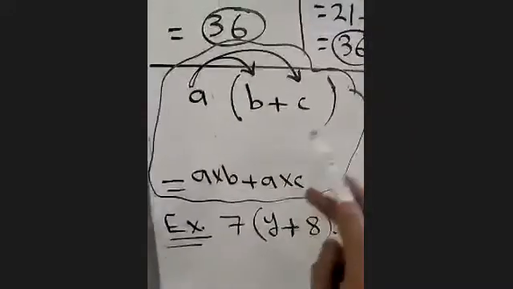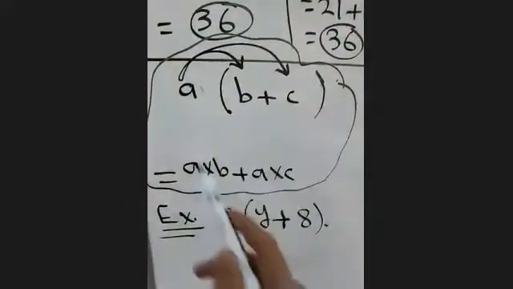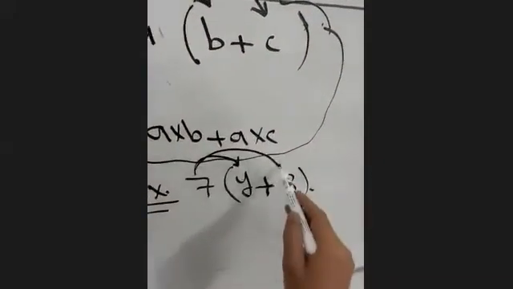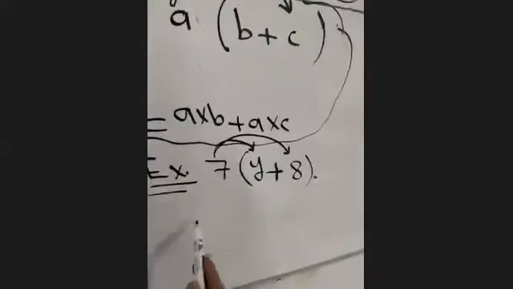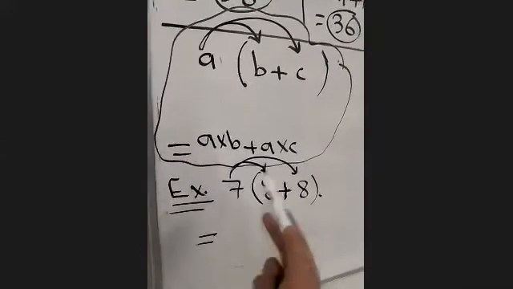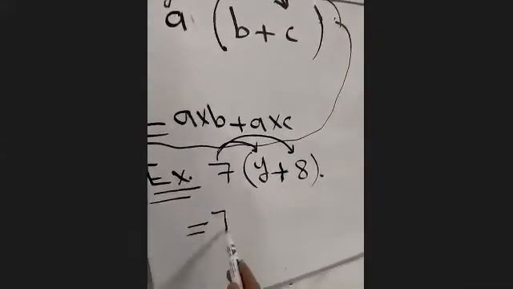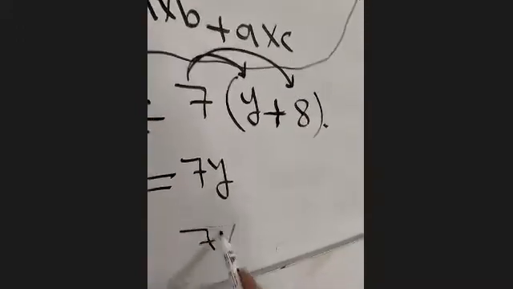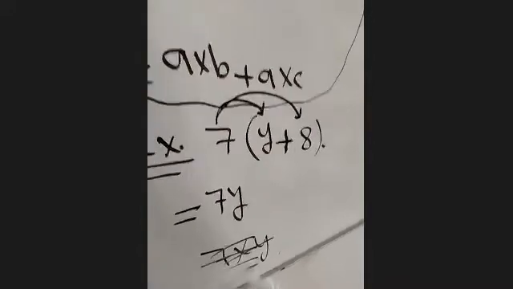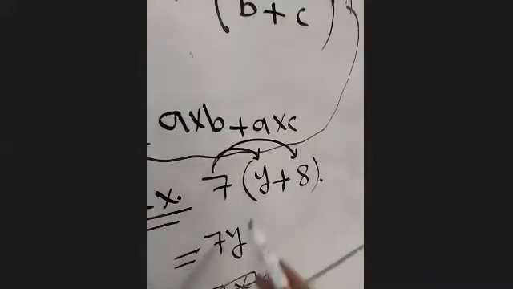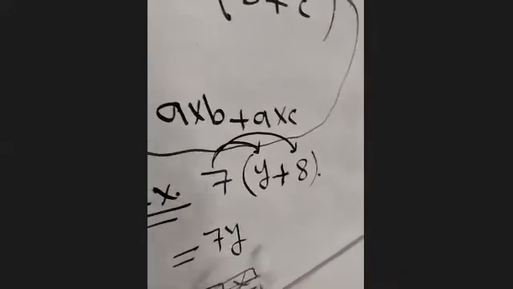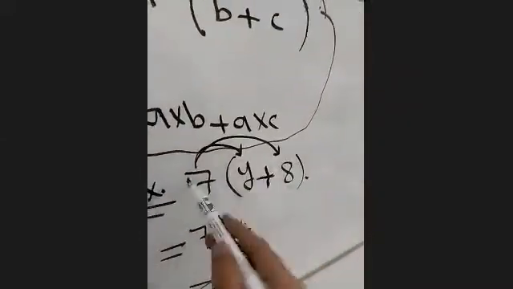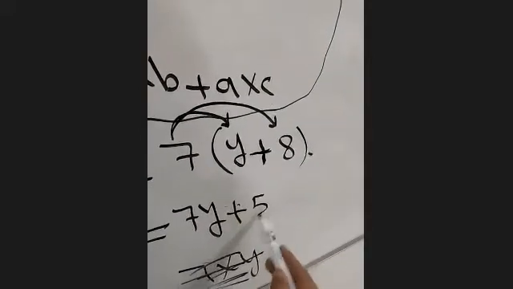In this case, I need to apply the distributive property only. 7 multiply y plus 7 multiply 8, which is equal to 7 multiply y. We write it 7y. Don't write 7 multiply y. 7 multiply y is 7y. The plus comes down. 7 multiply 8 is 56.